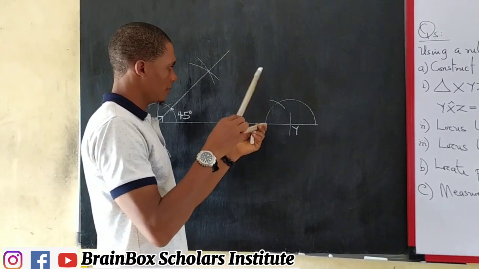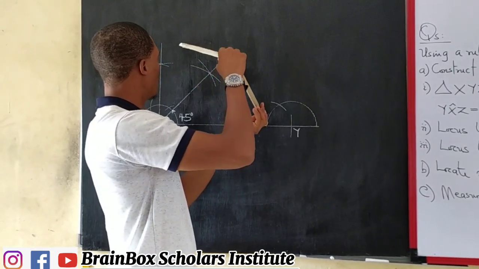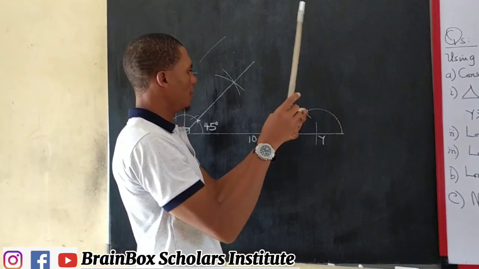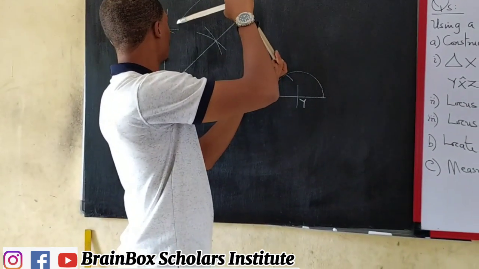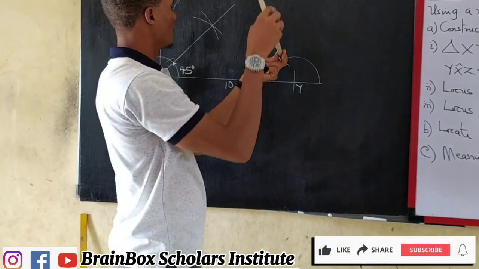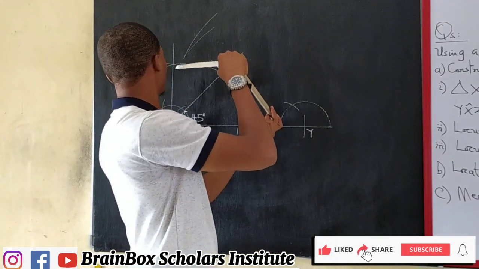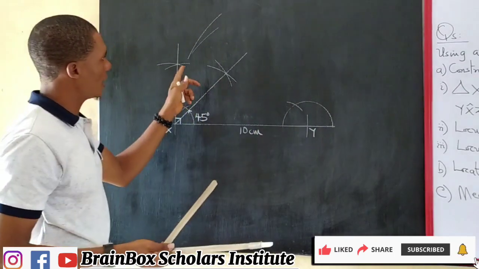So I'll place it here and expand. Here I make an arc. Then place it here and make an arc. I think I have clashing here, so this is going to clash.